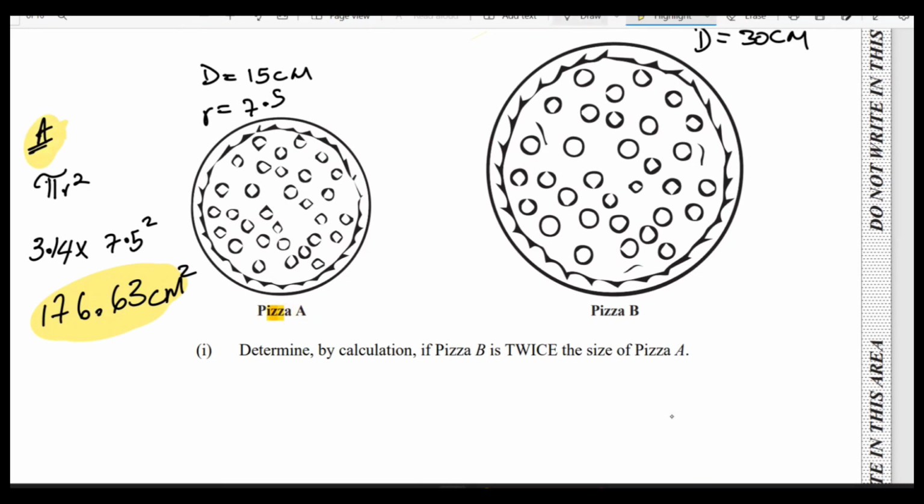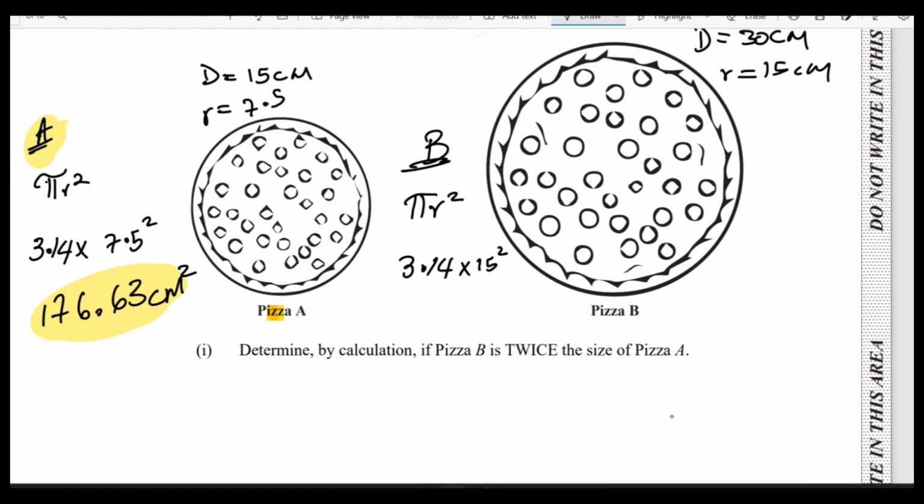All right, so let us go for pizza B. I could work out pizza B right beside it here. Same formula, pi r squared, where pi is 3.14 times 15 for this radius. Radius is half of the diameter, so it is 15, so 15 squared.